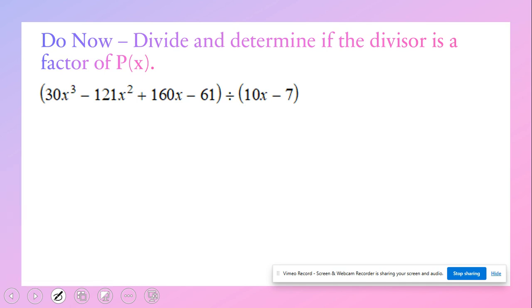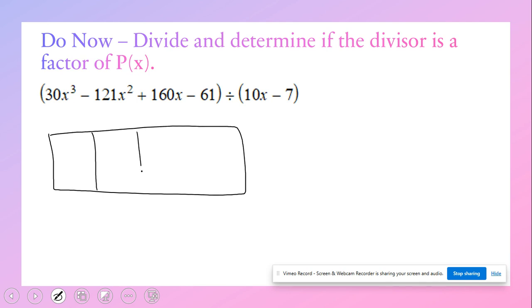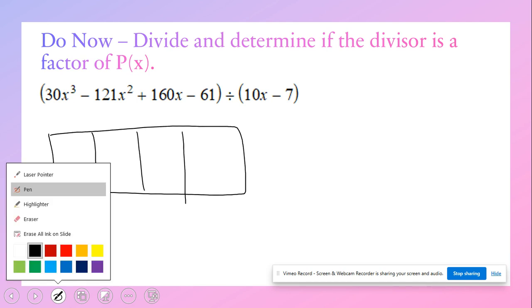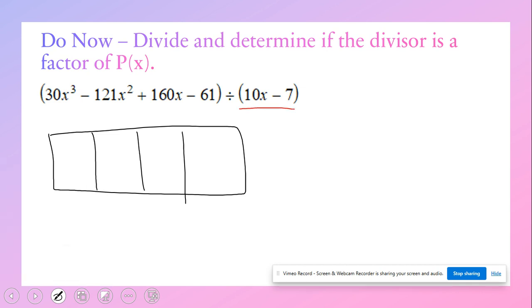To do this, we're going to use the box method, and notice our polynomial has 4 terms, which means we're going to have 4 columns in the box, like so. We are dividing by 10x minus 7, so we're going to cut it in half and do 10x on top, minus 7 on the bottom.